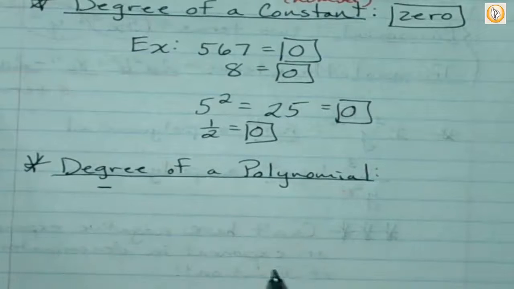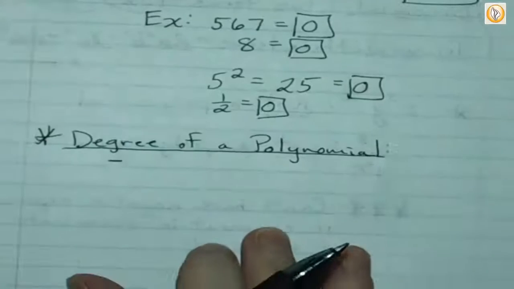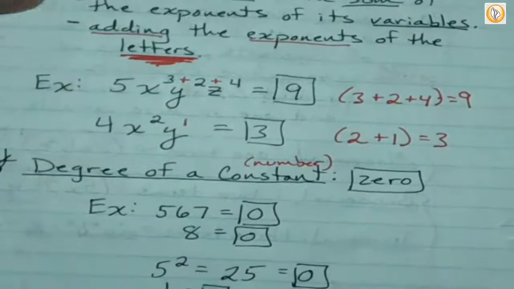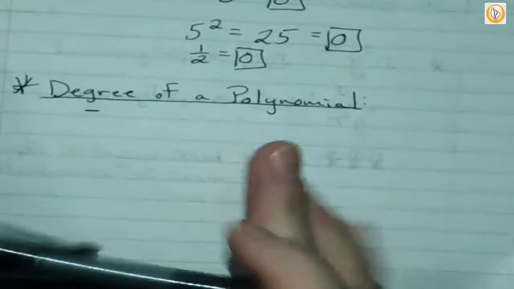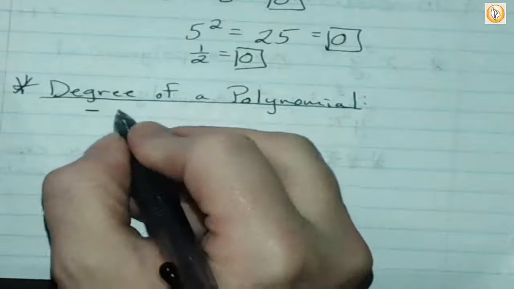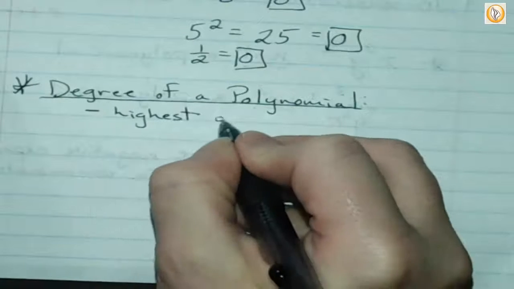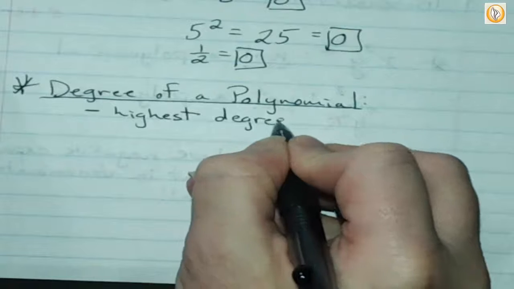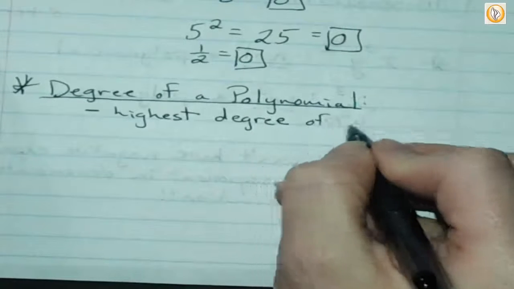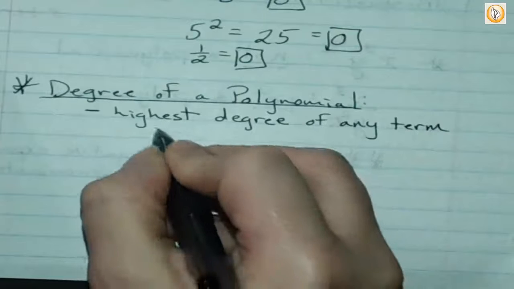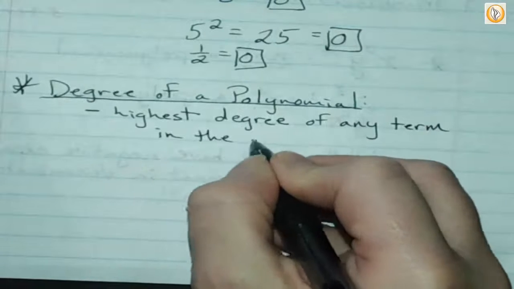And here's the rule for finding the degree of a polynomial. Degree of term, you just add the exponents of the letters. Degree of a polynomial, you're going to get the highest degree of any term in the polynomial.